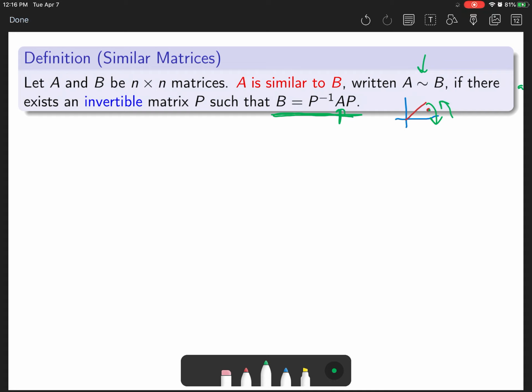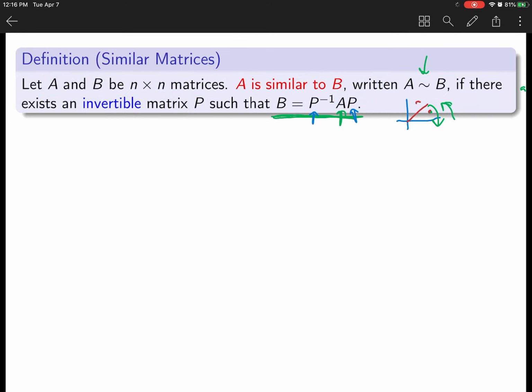In the end, we end up getting a reflected point on the other side of that line, y equals mx. So P is acting like that rotation matrix where we rotated it down first. Then A is the reflection transformation. Then P inverse is that rotation that gets us back to where we were. So we have encountered something similar to this before.